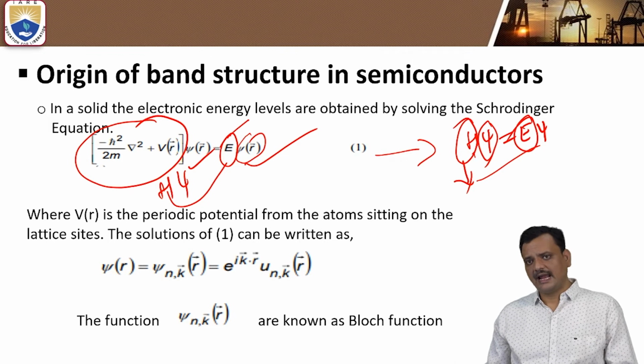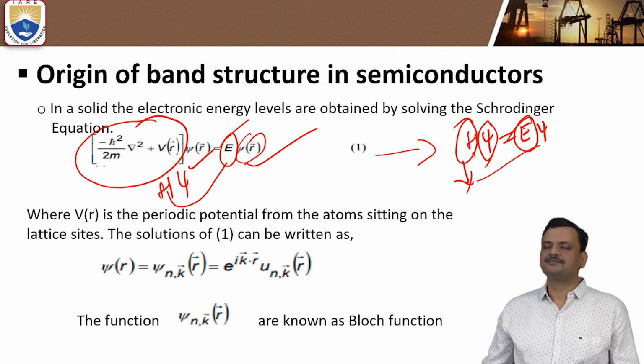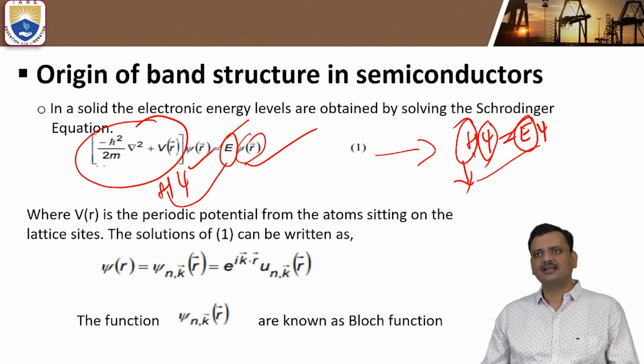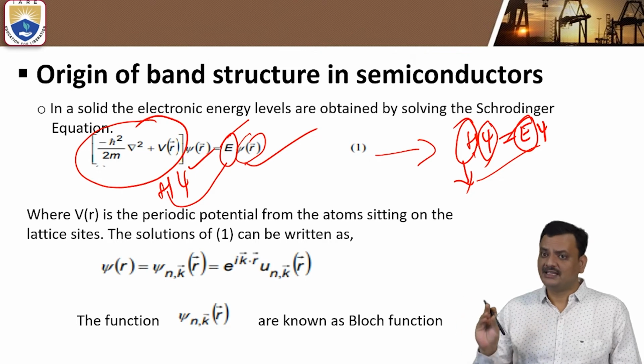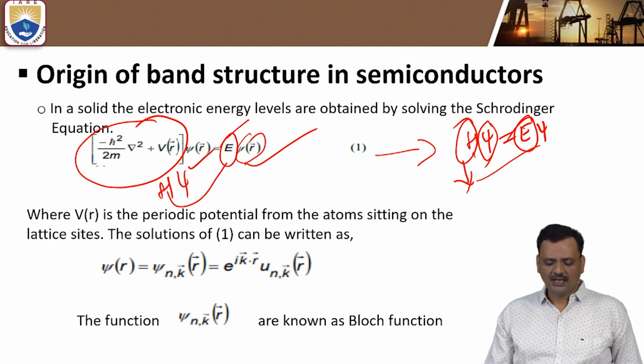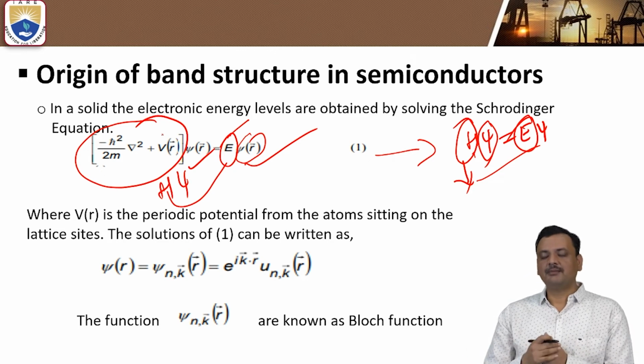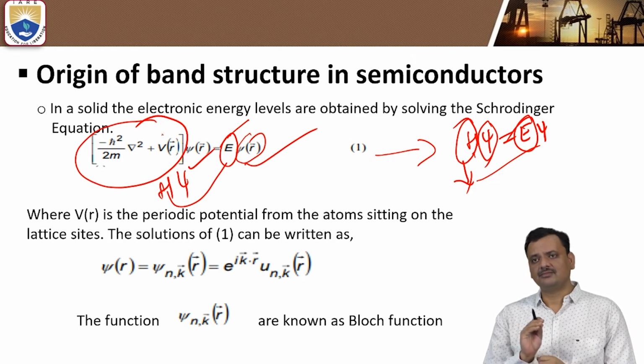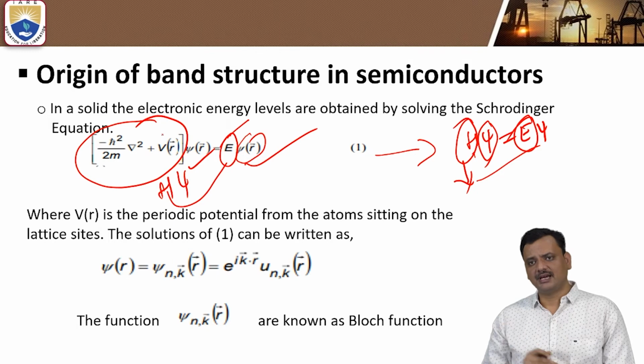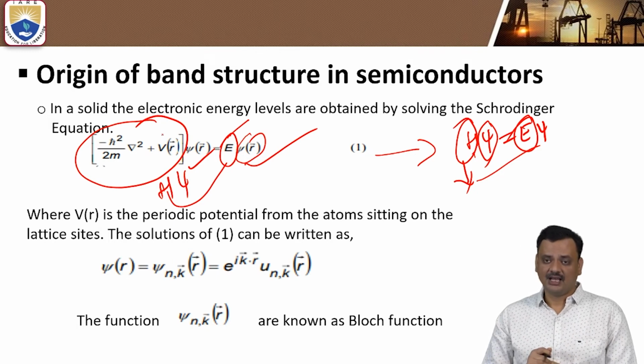In the case of any kind of material, it is generally found that the atoms are arranged in a periodic potential. So V is a periodic potential. When the constituent atoms are arranged in a periodic potential, what type of wave function will be used?